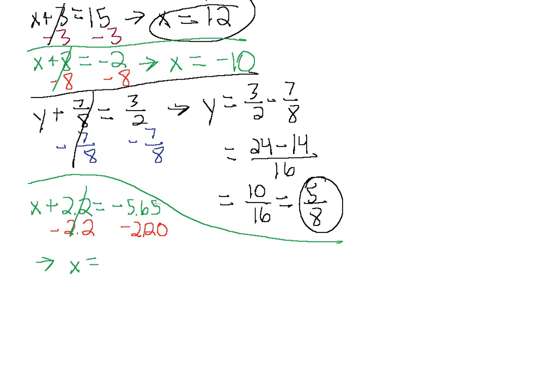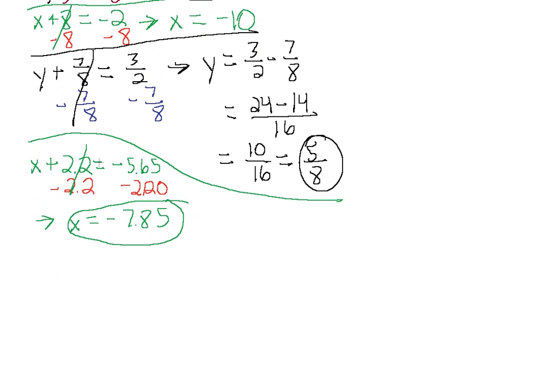We have a minus 5.65 minus 2.20, which gives us a minus 7.85. Minus 7.85 is the solution to our equation. Okay, so you can see using subtraction to solve an equation works the same with a decimal as it does with a rational number and integers. So let's not get excited when we see that.